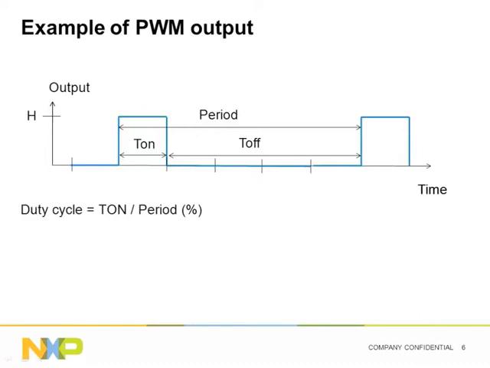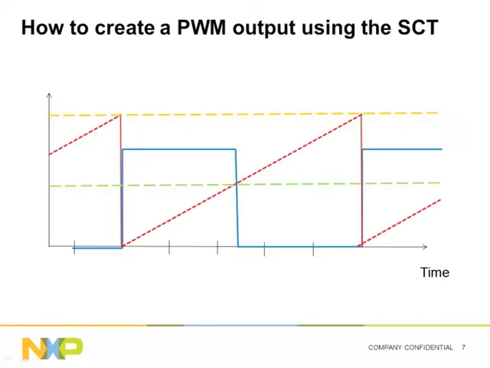We will use this basic example as the starting point for creating our configuration. In this diagram, the red lines represent the SCT counter value. As you can see, the SCT in this case is configured to count up, so the counter value starts from 0 and increments by 1 at each clock tick. In order to create a pulse, we have to define two match values.